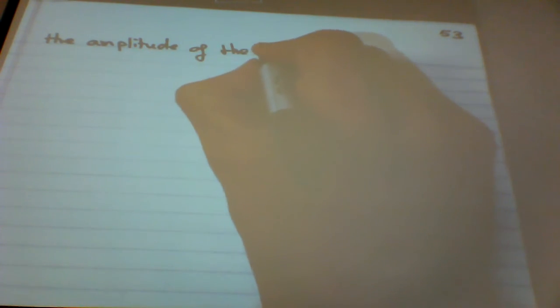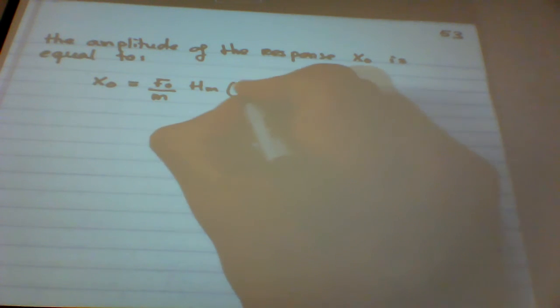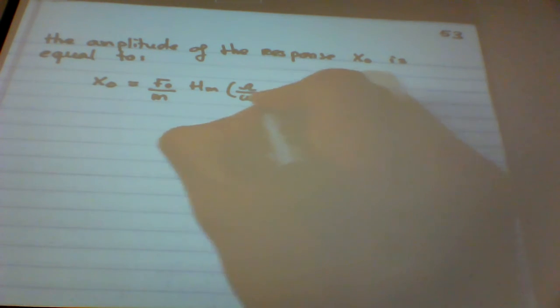So the amplitude of the response x sub naught is equal to, so what? We have x sub naught should be equal to F sub naught over m, h of capital omega over omega n.